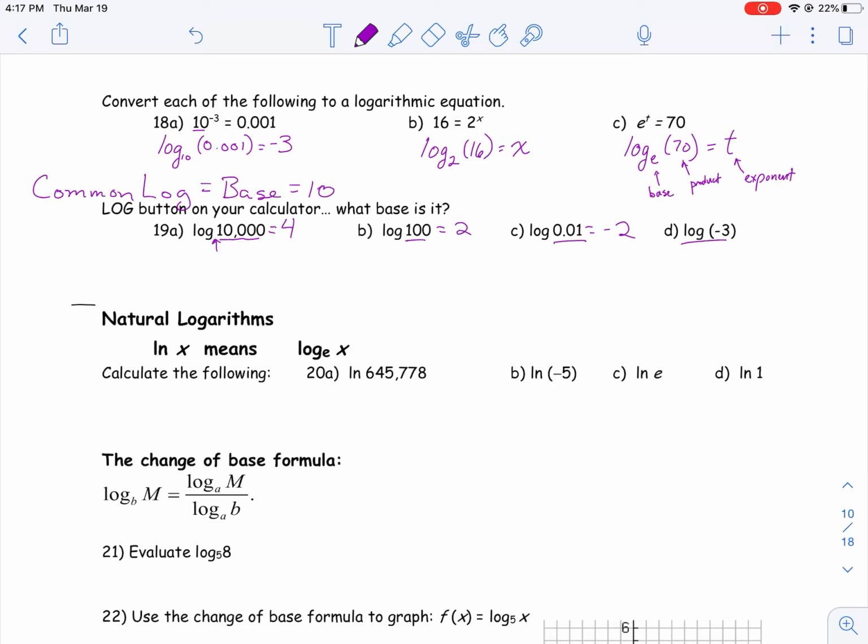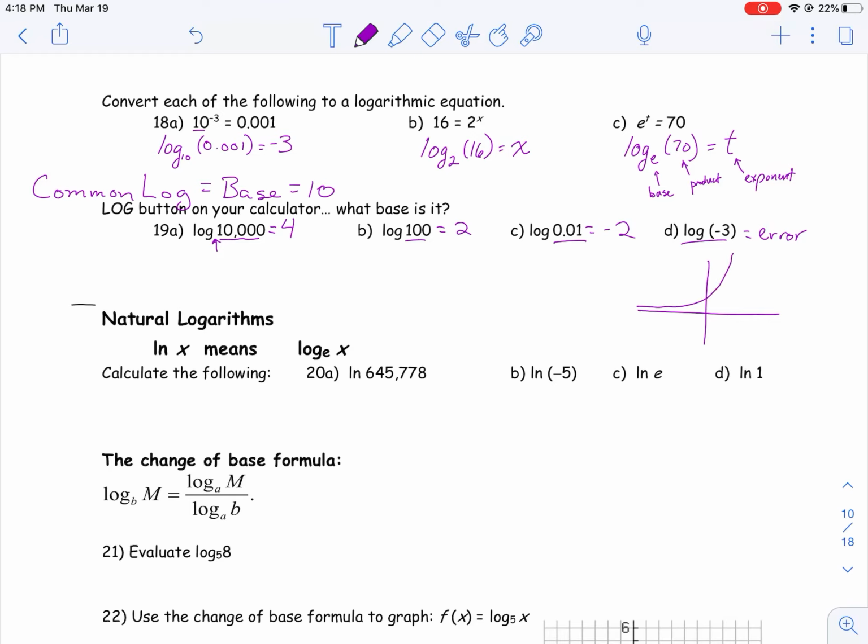Log of -3. Maybe you typed it in already. My calculator says error, non-real answer. Why? What's going on here? Well, let's think of this from a graphical standpoint.